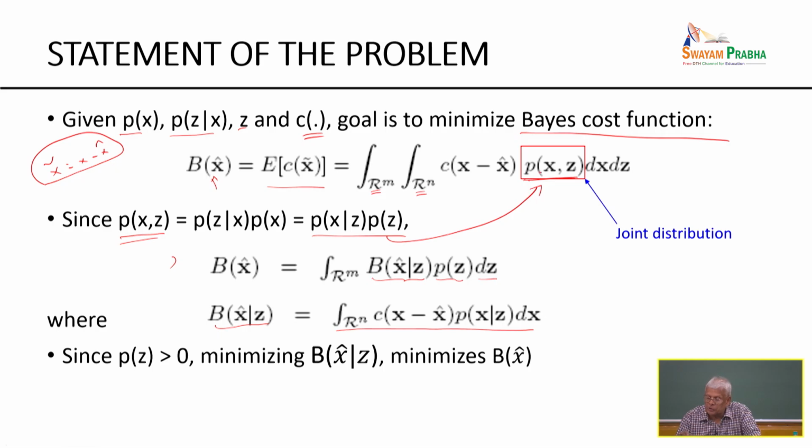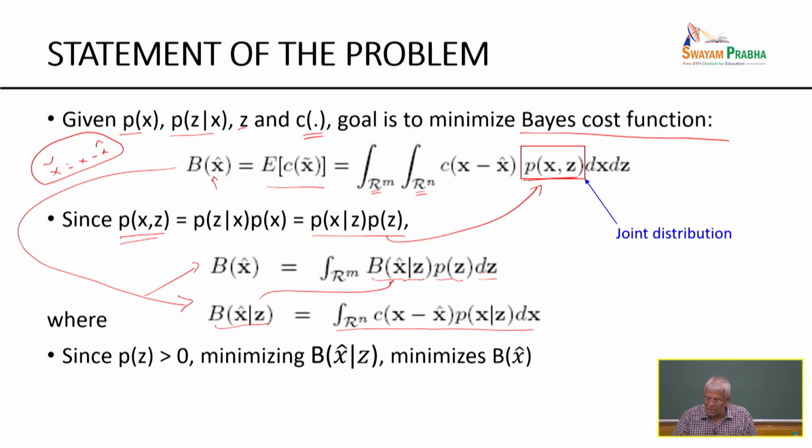So if I substitute p of x, z by this, I can split this integral into two parts. One with respect to the conditional density given z, another is p of z, you can readily see. Therefore, this B of x hat is given by these two. This is the inner integral, this is the outer integral. So this is equivalent to the Bayes cost function.